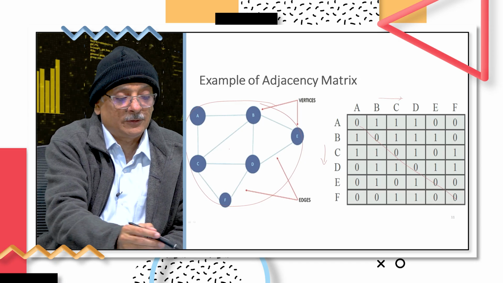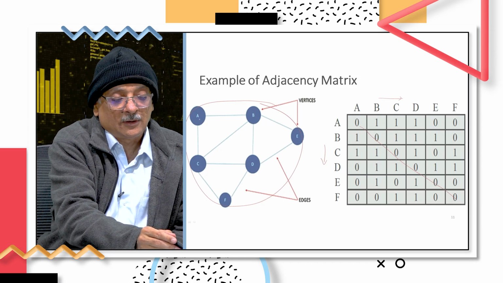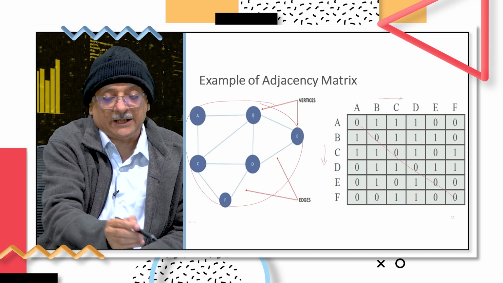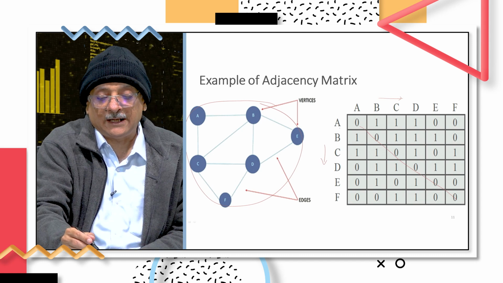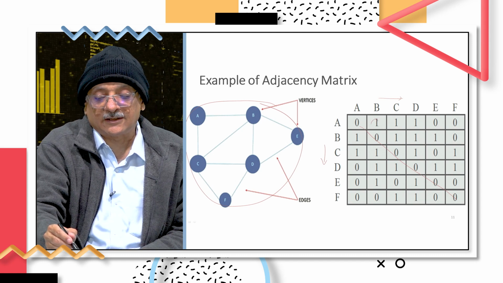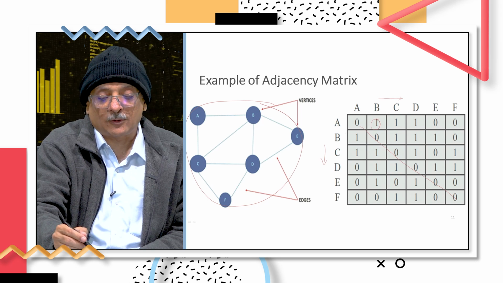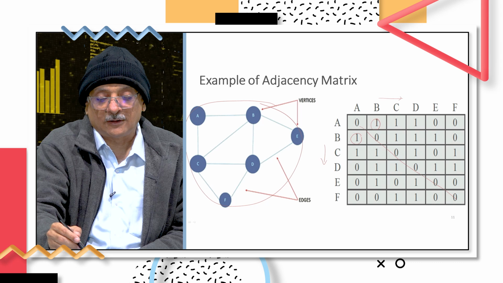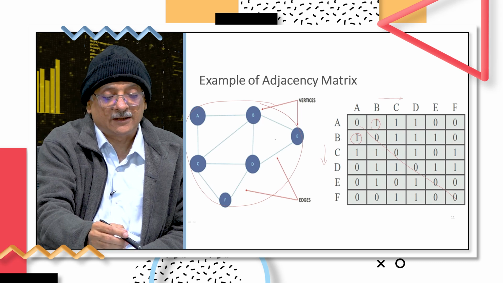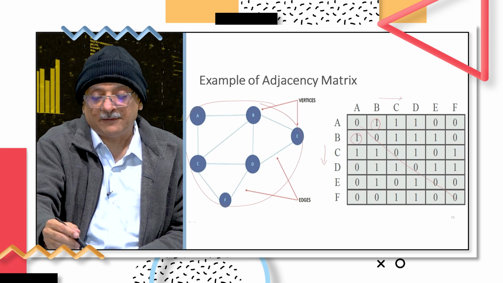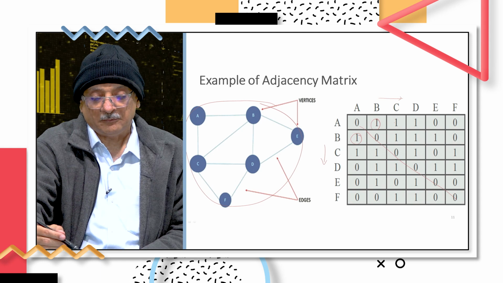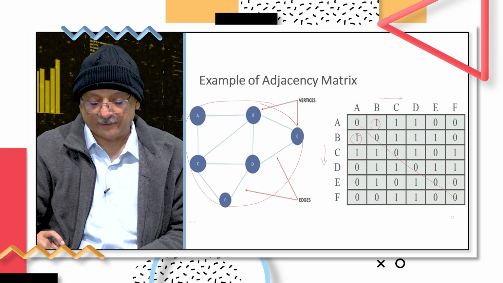So, let us look into it. We have an edge from A to B, so this is 1. And on the converse side, there is an edge from B to A, so this is also 1. Since this is an undirected graph, you will find it is going to be symmetric.